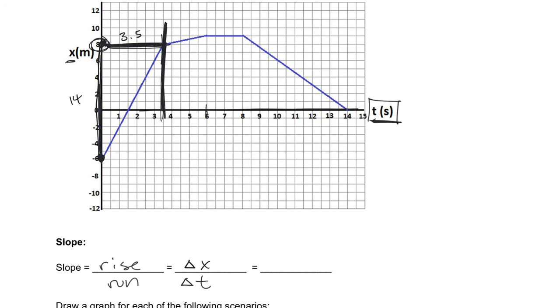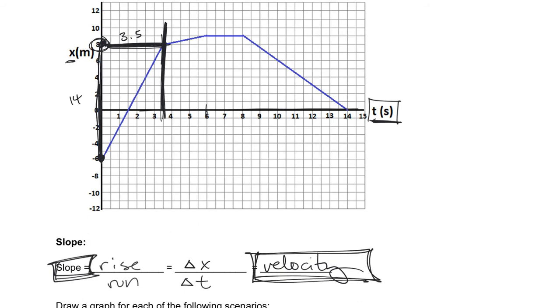And we learned yesterday that delta x divided by delta t is a wonderful thing called velocity. So what you get from this is that the slope of your graph equals the velocity. Slope equals velocity for the position time graph. That's the big thing to take away here.